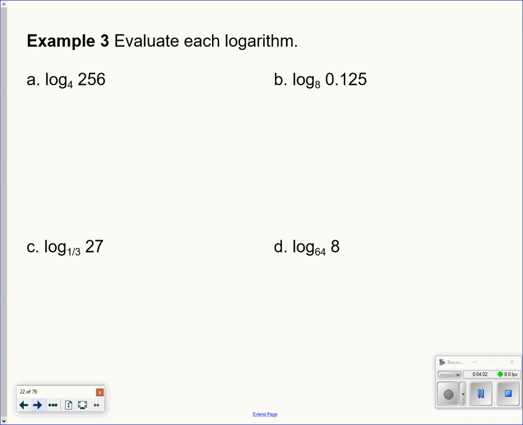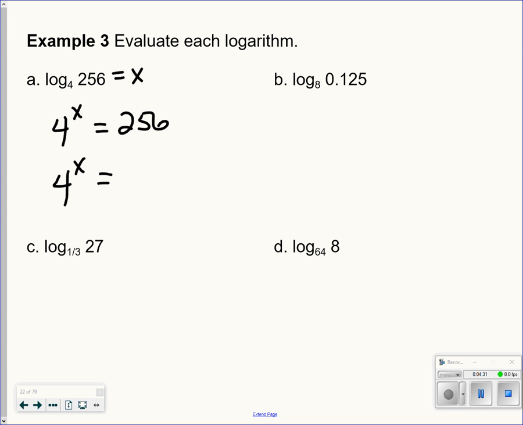All right, time to start. Right now it's in logarithmic form, and I want to solve this. I want to know what x equals. So I'm going to change this into exponent form: 4 to the x equals 256. Now, for our purposes here, I want to try to get the bases to be the same. If I have 4 raised to the x, I want to change 256 into 4 to some power.